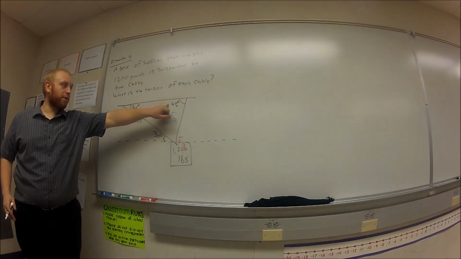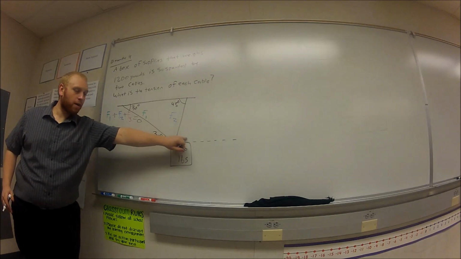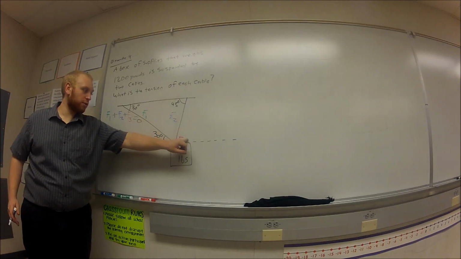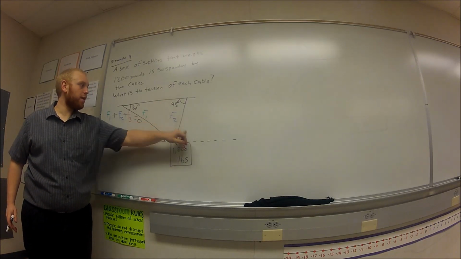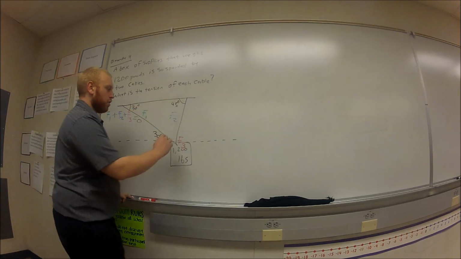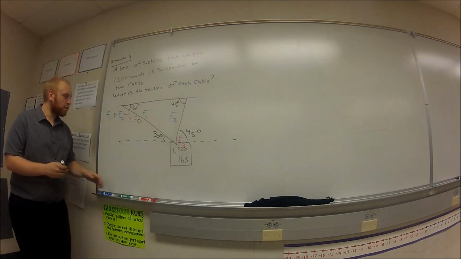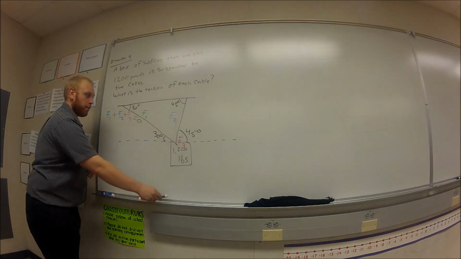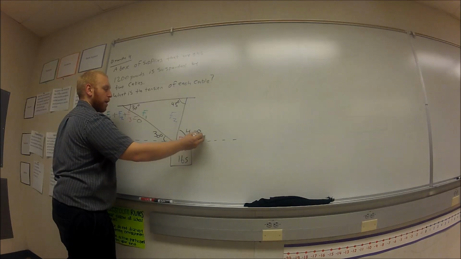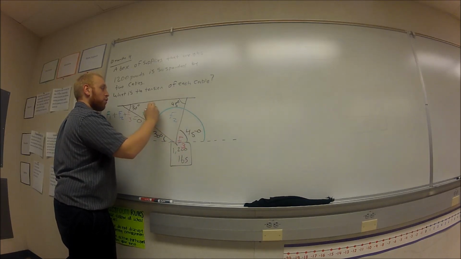And think about the 45 degrees. That's going to go down there because those are also alternate interior angles, alternate from that side, interior to these lines. And that's going to be 45 degrees. So the direction angle of F1, remember, it's the whole way around, so that's going to be 150 degrees.